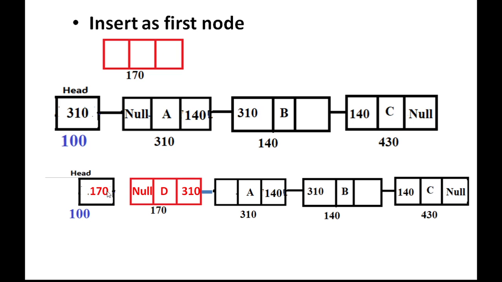So 170 has been written into the head, and the last step is here we have to put 170. That is, the backward pointer of the previous first node is now assigned with the address of the new node. So it has now become part of the linked list.